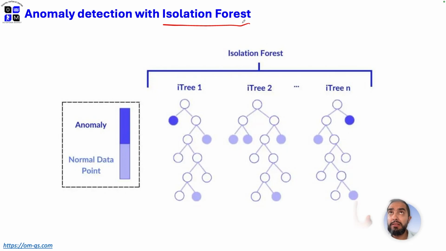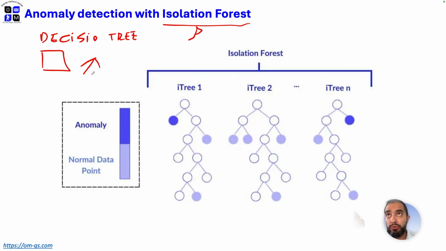Now, the idea of an isolation forest, as the name suggests, let's take one step back, thinking about a decision tree. A decision tree will get your input data and grow a tree that will help you take decisions.